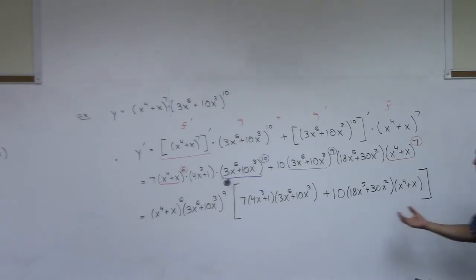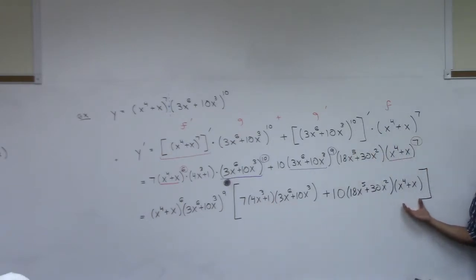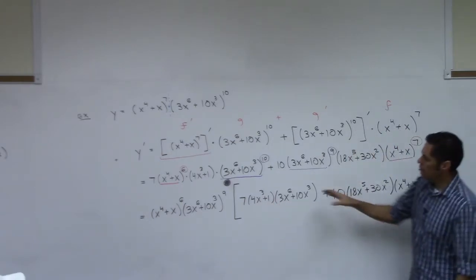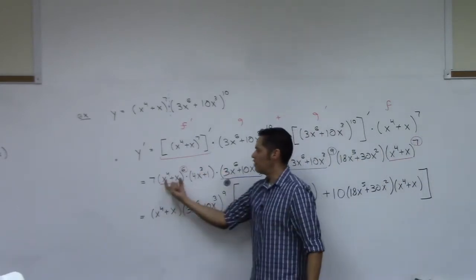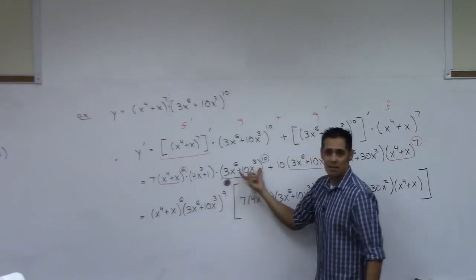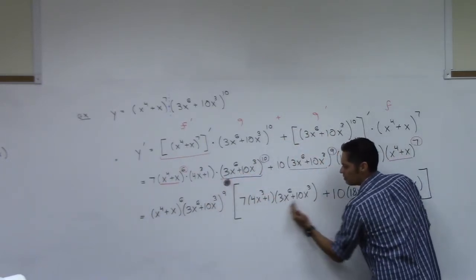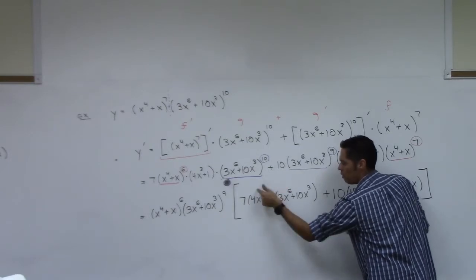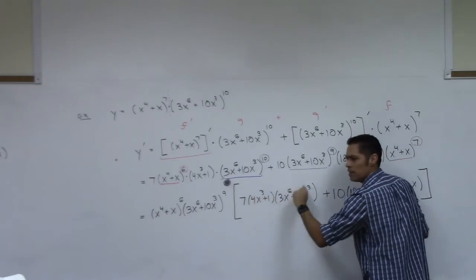Now, as bad as this looks inside, could we do this math? Like when we were here, back on this line, I don't think anyone here wanted to expand that 6 times or expand that 10 times, right? But look at this. Could you put these two together? You just do a FOIL, wouldn't you? Because both of these are not raised to any powers, so you could just FOIL that out, couldn't you?